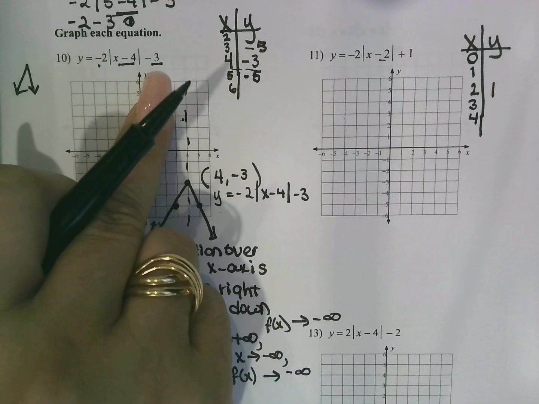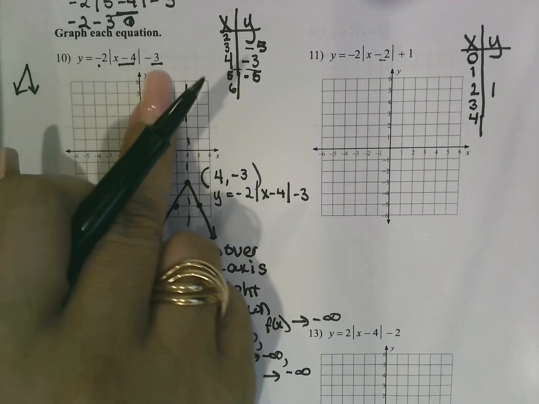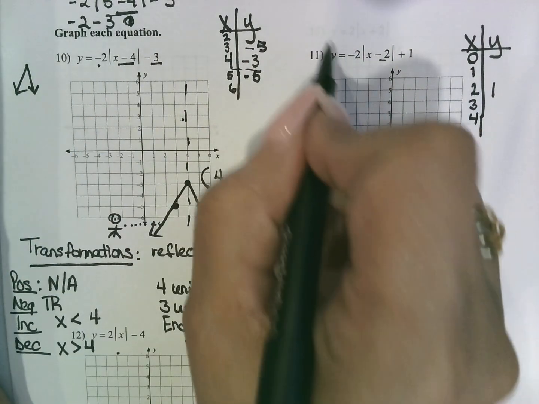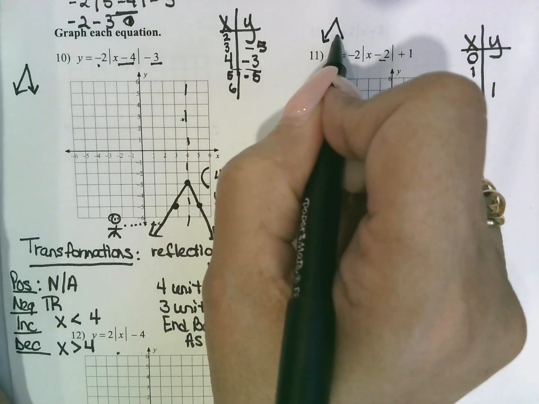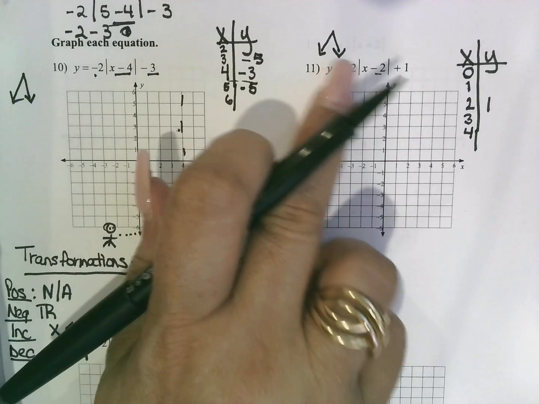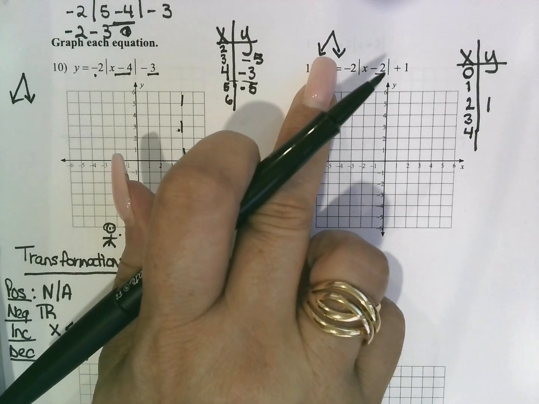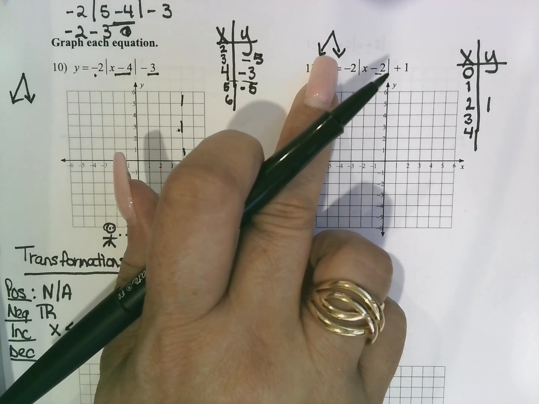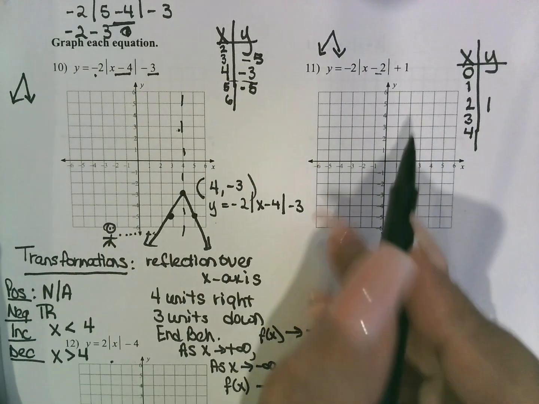Again, just like number 10, this one has a negative a value out here, so it is going to be opening down like that. So immediately you should know, because it's absolute value, that the end behavior is going to be negative infinity, negative infinity. So that's pretty straightforward.